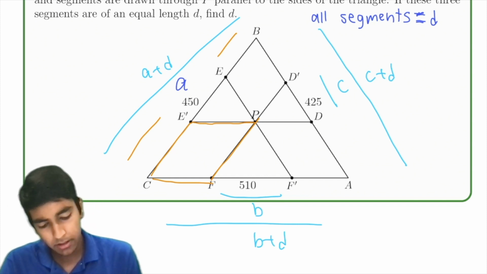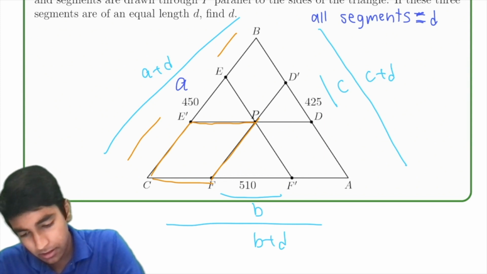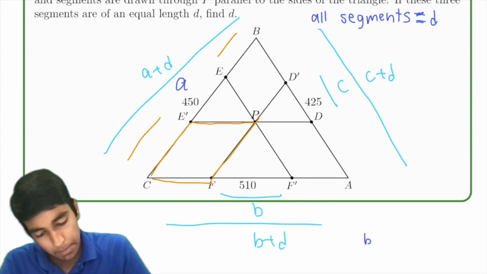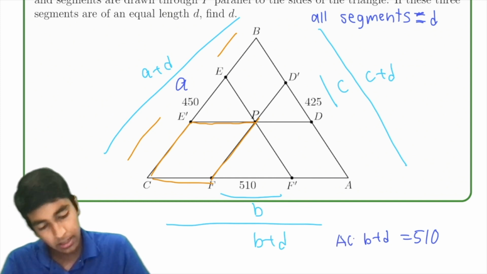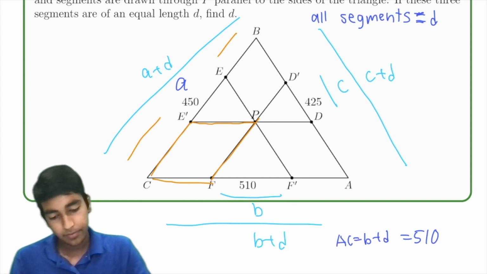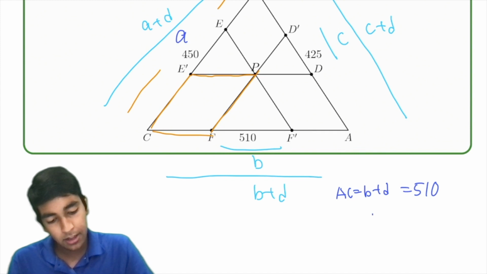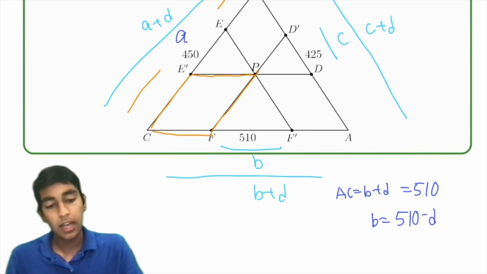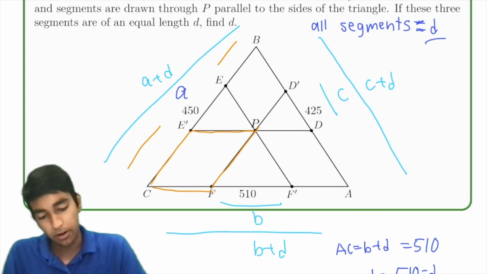We know B plus D is 510, right? Because B plus D is the whole segment AC, so AC equals B plus D equals 510. So then let's just say that B is 510 minus D. So we can get everything in terms of D, because that's what we're trying to solve for.